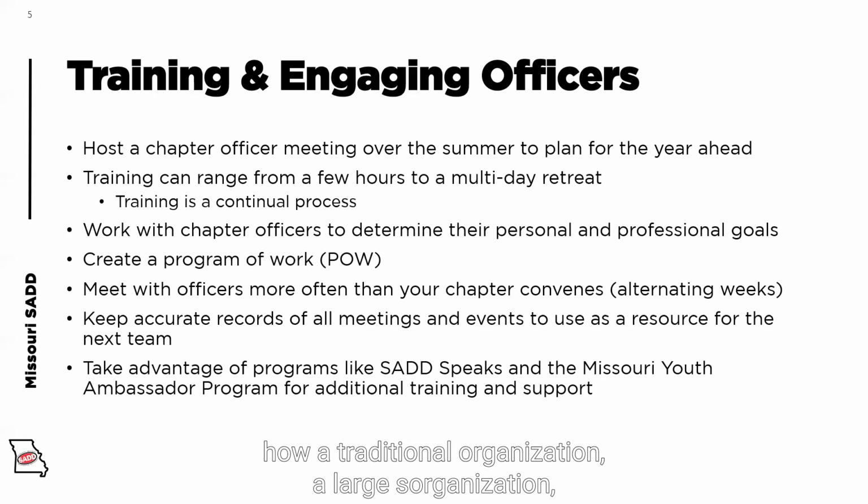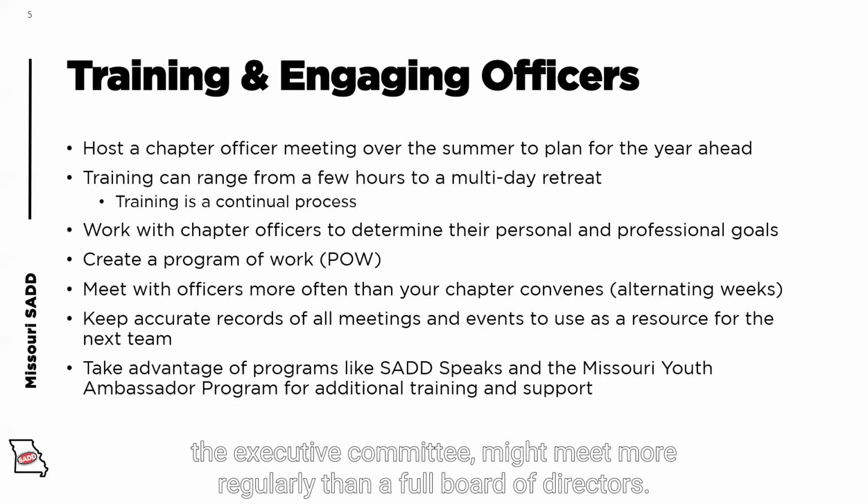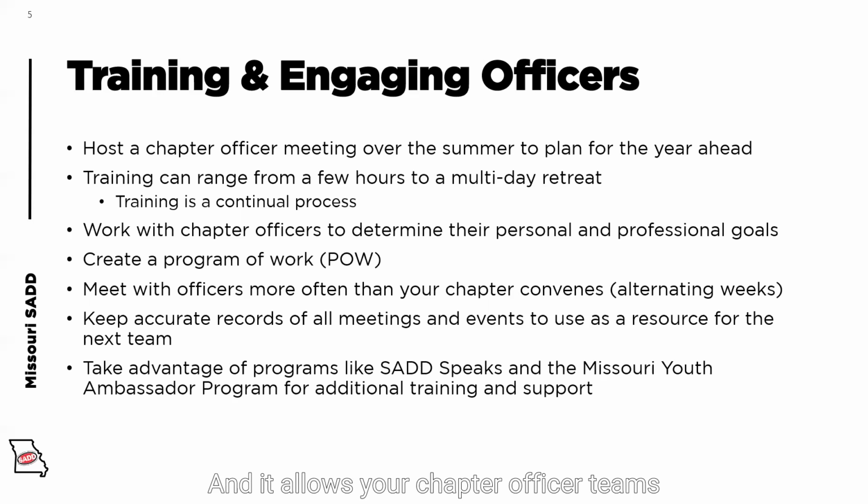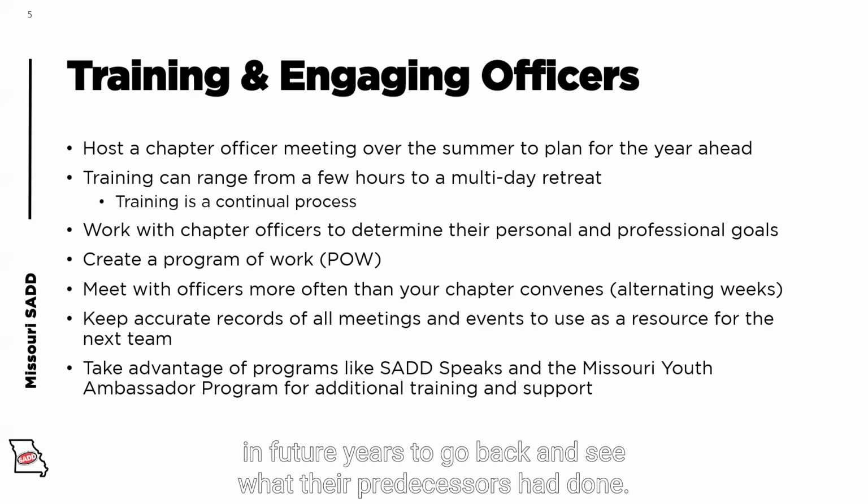Kind of like how in a large organization, the executive committee might meet more regularly than a full board of directors. All meetings that you have, you should keep accurate records of, and it allows your chapter officer teams in future years to go back and see what their predecessors had done.